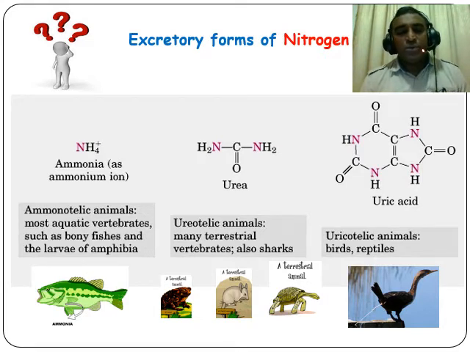Then you have the aquatic animals, such as fish, where they do not have a reason to convert to urea or uric acid, because as soon as ammonia is produced, it can be immediately disposed from their body into the liquid environment surrounding them and diffused away in the water.